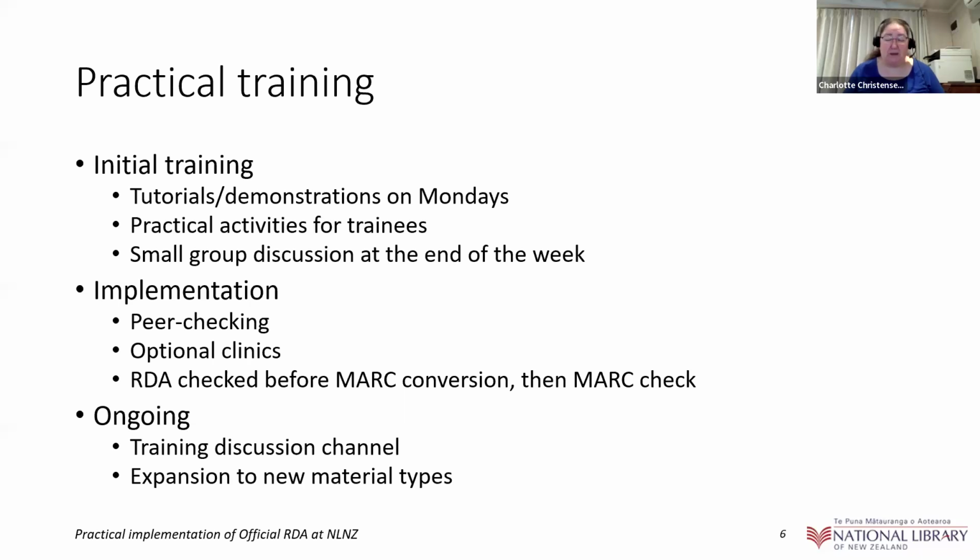The second is that we implemented initially only for a narrow range of material, static, text-based resources. But training has been ongoing for other types of material, building on what is now known and understood. There are subgroups who are repeating the earlier pattern of tutorials, activities, and discussion groups for resources such as notated music, rare books, and diachronic works.